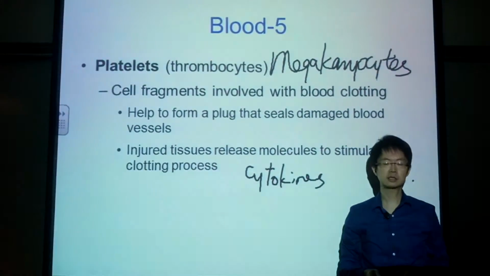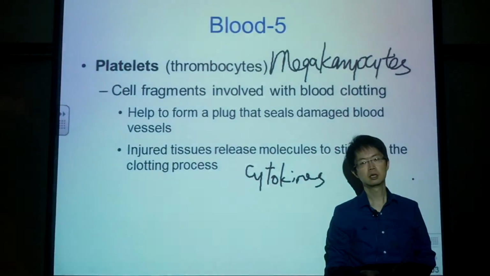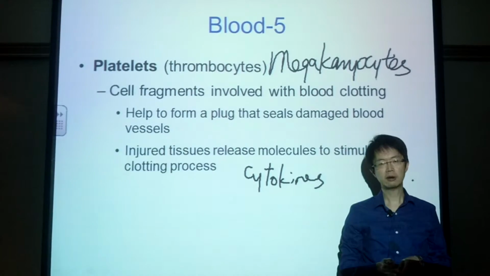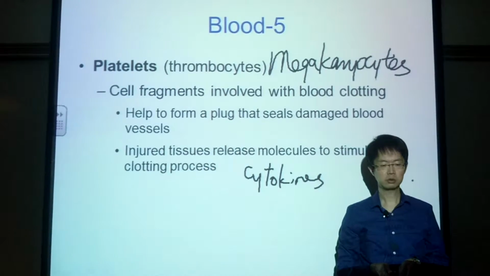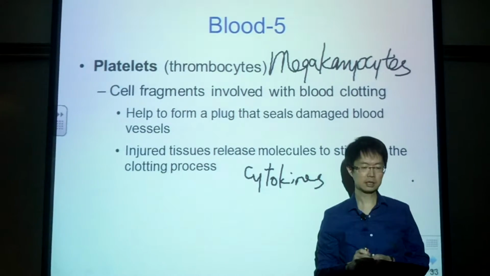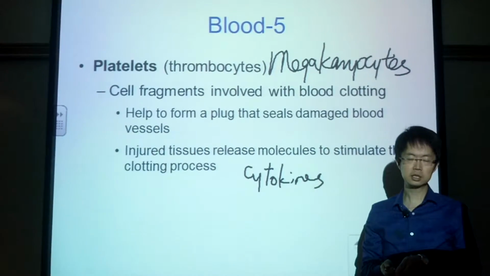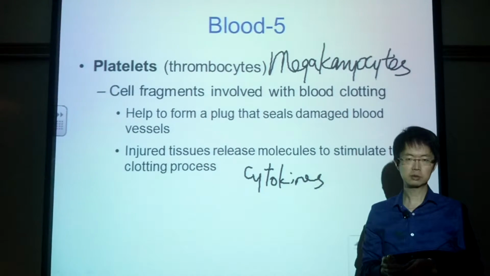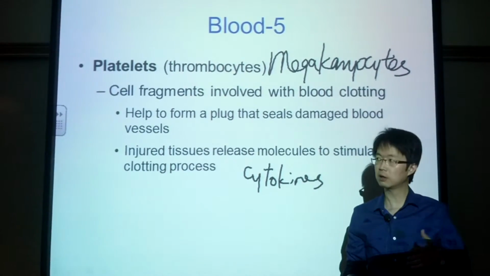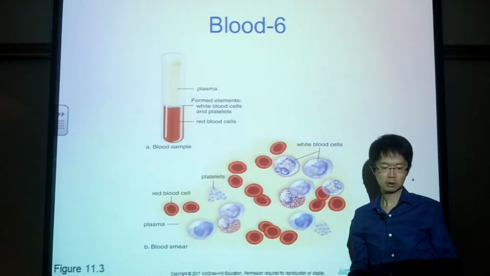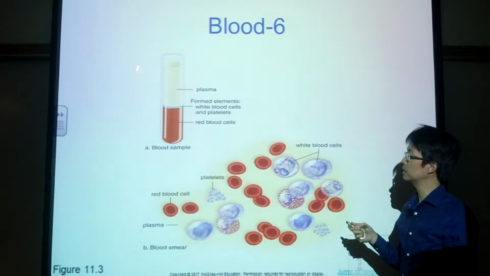Cytokines means cell signaling molecules, basically a molecule secreted by a cell to tell other cells to do something. When there's an injured tissue, cytokines will be secreted to tell platelets, come here to seal up the opening, the wound.